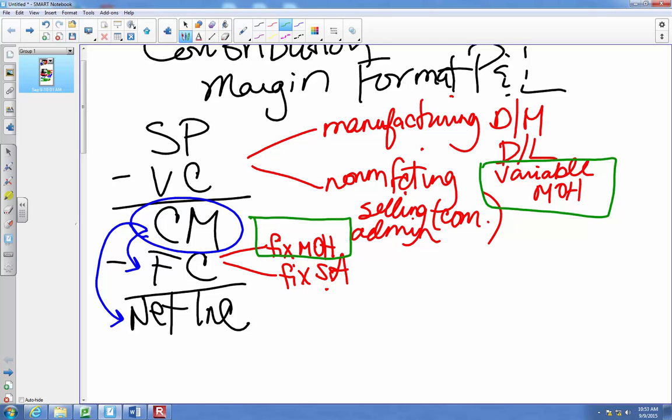It's rental of new equipment. Rental of equipment to manufacture, right? I got to pay whatever, $4,000 a month to rent the piece of equipment to stamp the metal. That is a fixed manufacturing overhead cost. It's a fixed product cost. Right? So it's fixed and product.